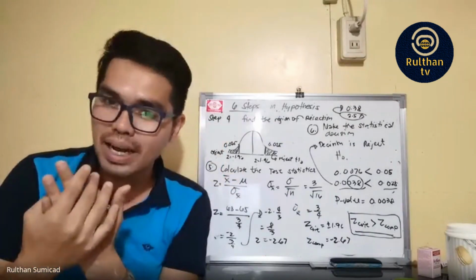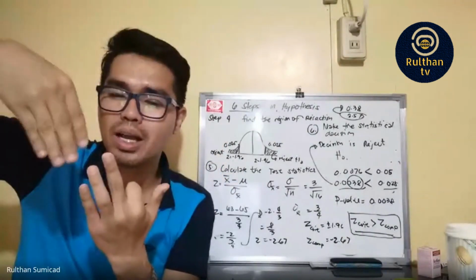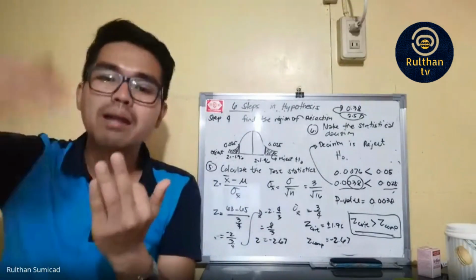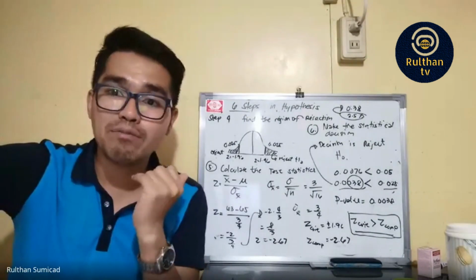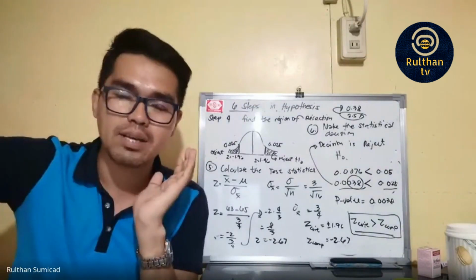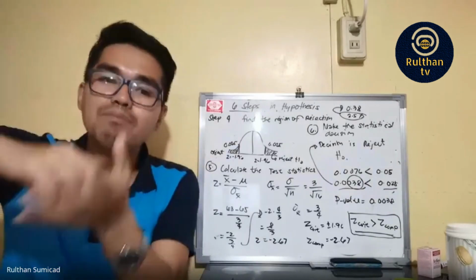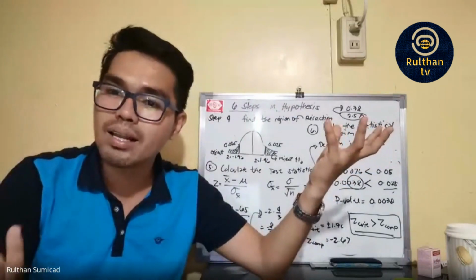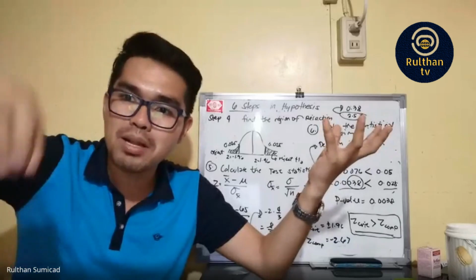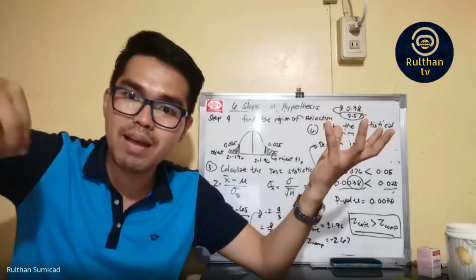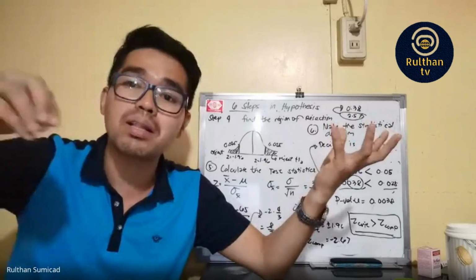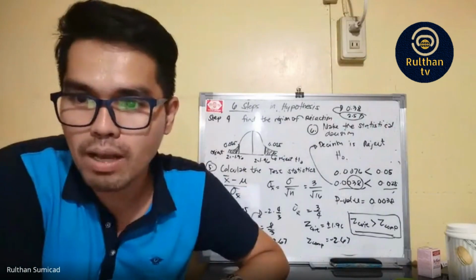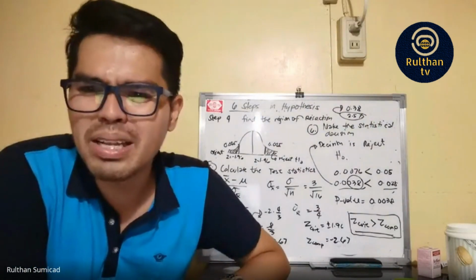If you get the mean of whatever information you're talking about for all the sample groups, as you increase the number of sample groups until you approach infinity, referring to the sample size or the population size, even though the population is not normally distributed, according to the central limit theorem, the distribution of your sample means will still resemble a normal distribution. That is what the central limit theorem is telling us. I hope I make sense with how I explained it to you.